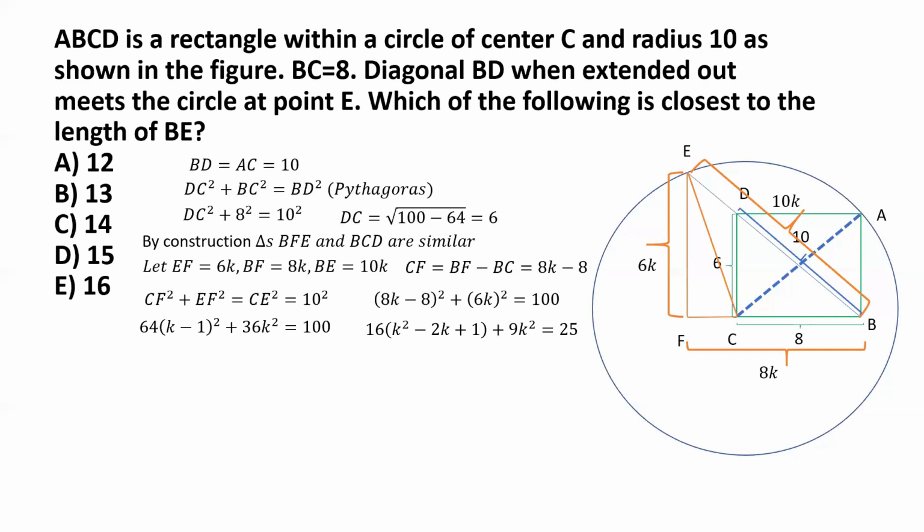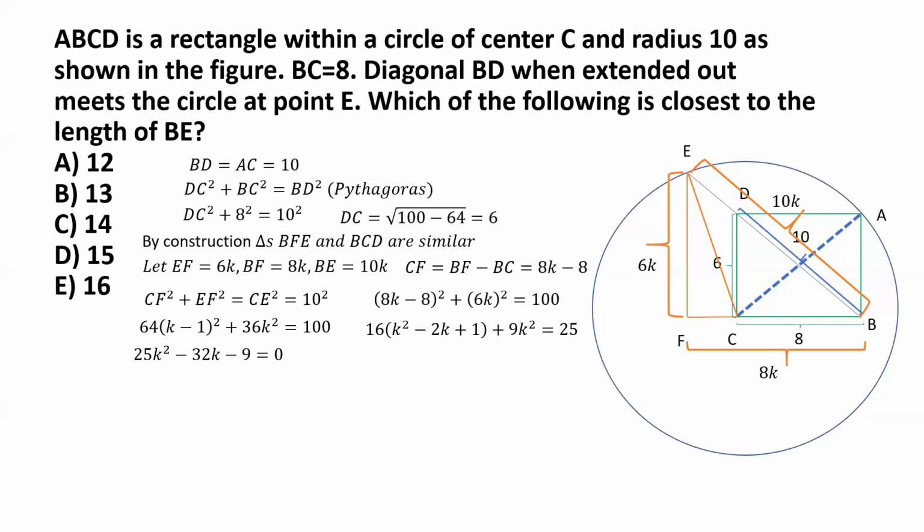So we basically get 16 multiplied by (K square minus 2K plus 1) plus 9K square is equal to 25. And then we can form the quadratic equation, the classic ax squared plus bx plus c, and this is what it comes to: 25K squared minus 32K minus 9 is equal to 0.